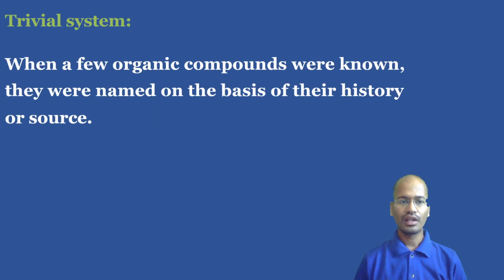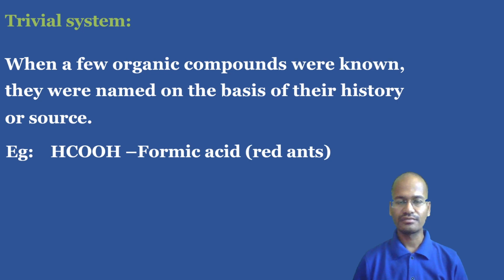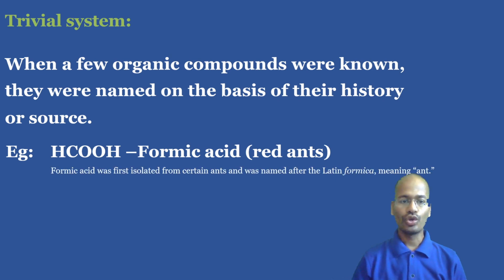Trivial name. When a few organic compounds were known, very far back in history, they were named based on their sources or their history. For example, formic acid, which was identified in red ants. Formic acid was first isolated from certain red ants, and that's why it is called formic acid.